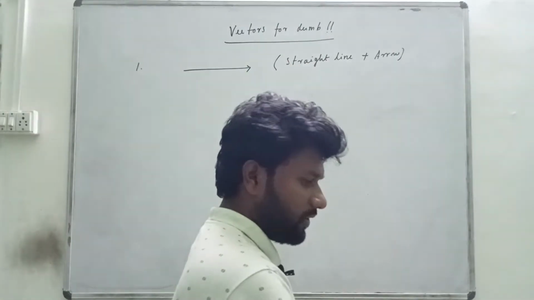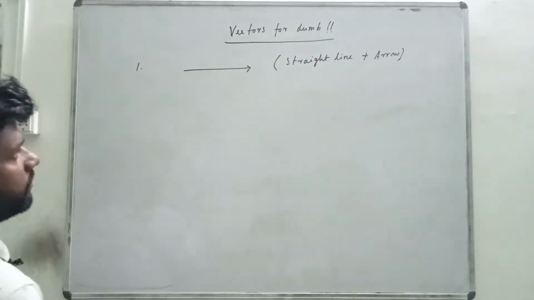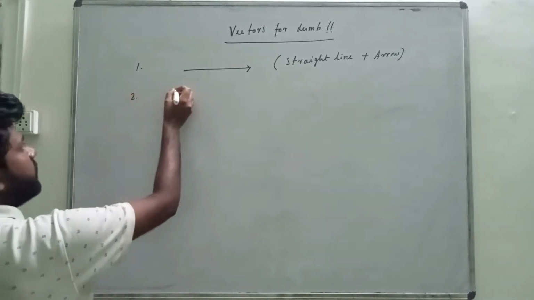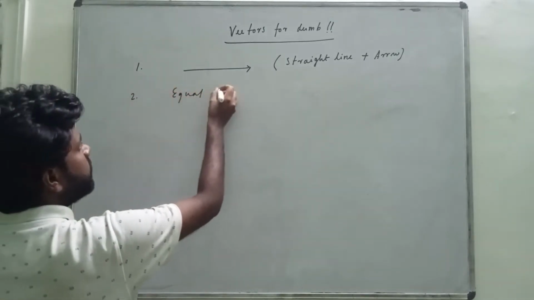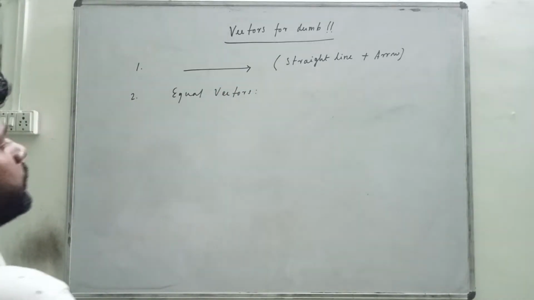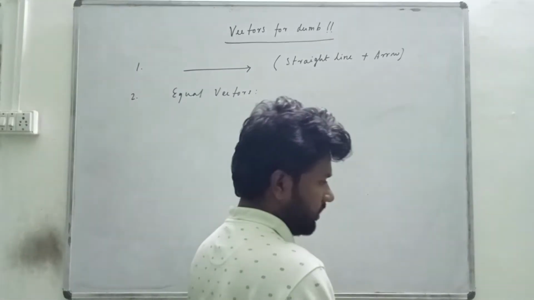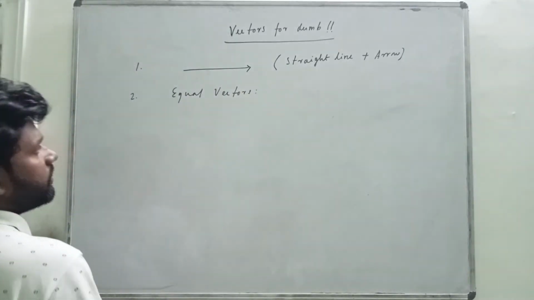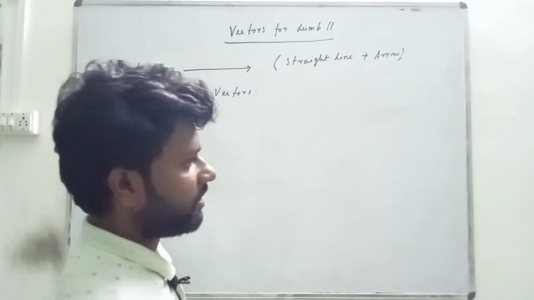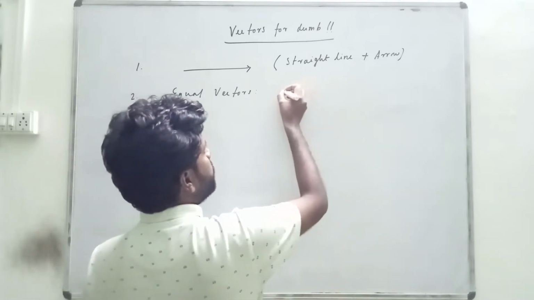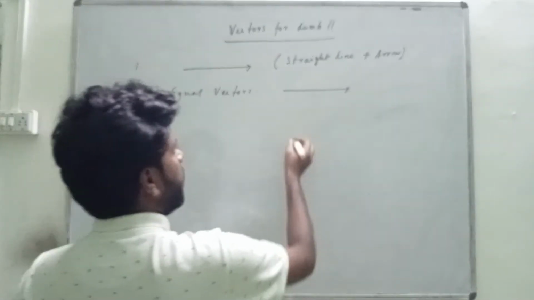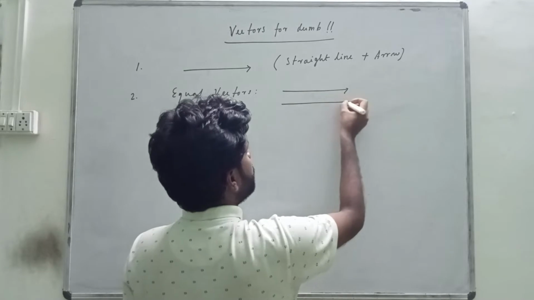Okay, so it was number 1 information about the vectors, and number 2 was the equal vectors. Two or three vectors are called equal vectors if they have the same magnitude as well as the same direction, right? The length of the straight line will be the same, and obviously the direction will be the same.